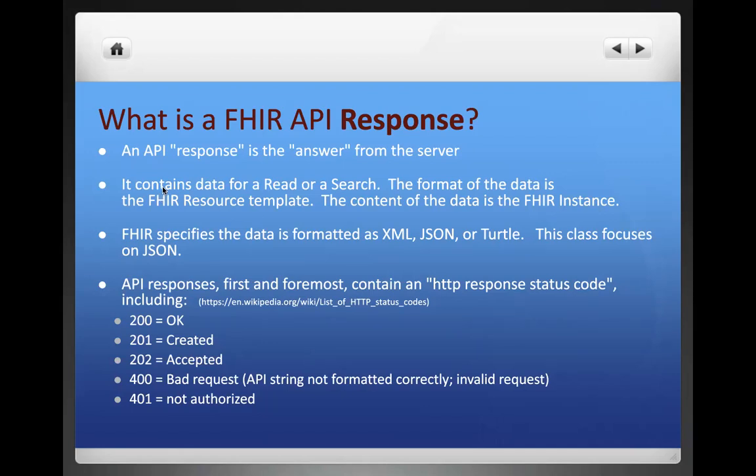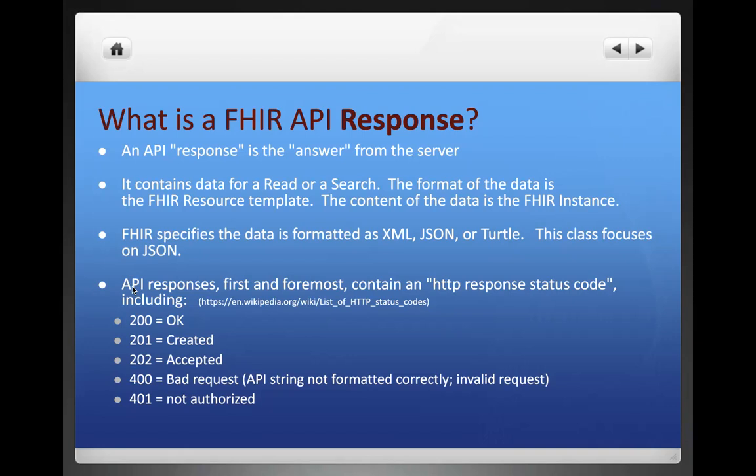The format of the data coming from the server back to the client is in the format of a FHIR request template. The content of the actual response is the FHIR instance for a particular patient or a particular lab value. FHIR specifies the data as XML, JSON, or Turtle. In our class, we're going to focus strictly on JSON.